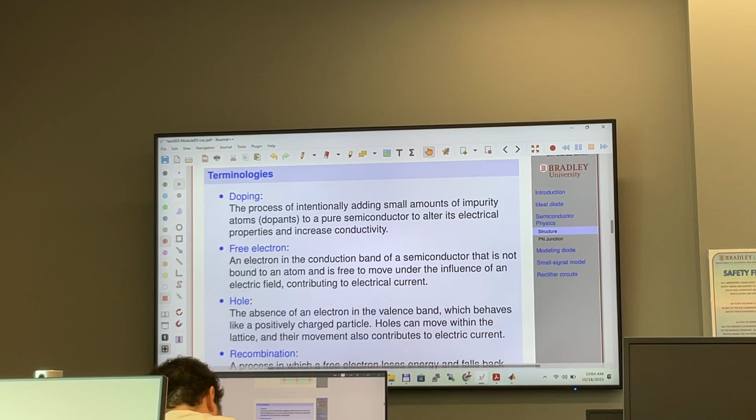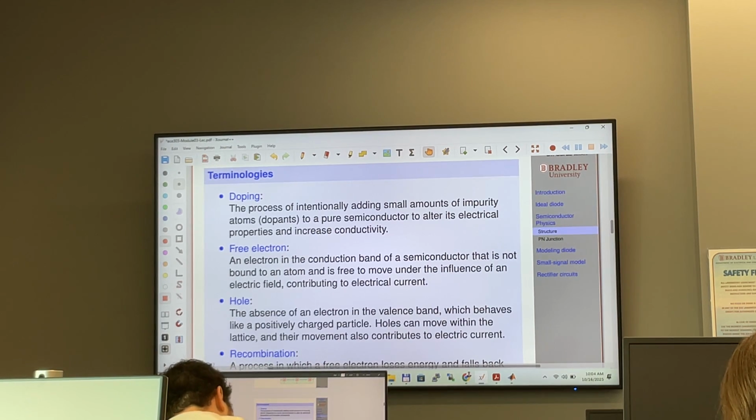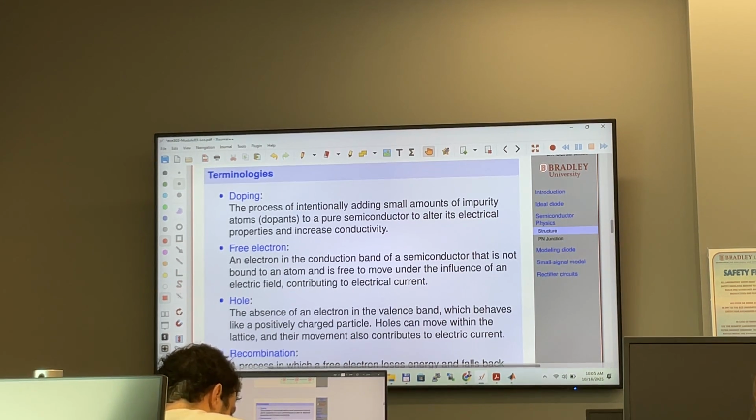The doping process: here you add some impurity to the pure semiconductor material. You intentionally put in some atoms, which we call dopants. Doping is the process of intentionally adding small amounts of impurity atoms to a pure semiconductor to alter its electrical conductivity.